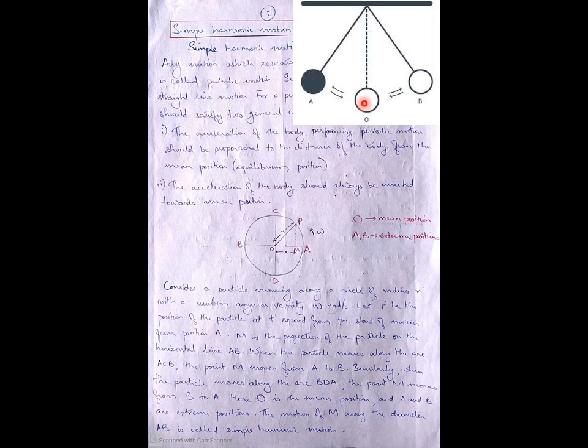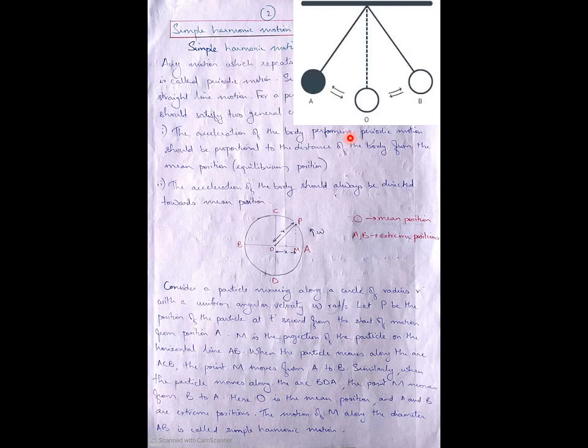As it is moving from the mean position, that is as the distance increases, the acceleration will also increase. Or when the distance decreases, the acceleration also decreases, which means we can say that this acceleration is proportional to the distance from the mean position, isn't it? So that's the first case.